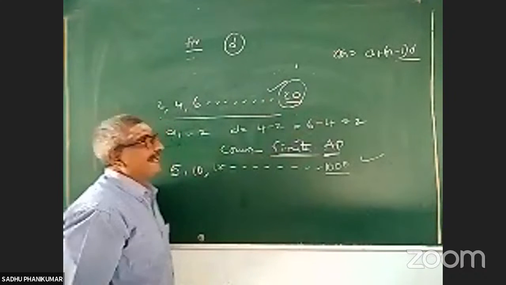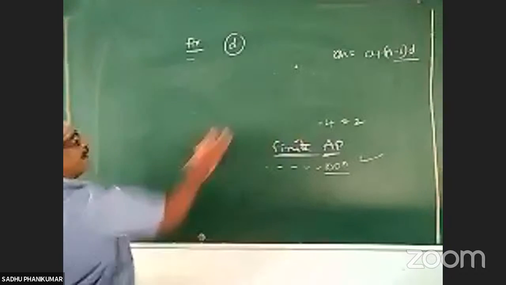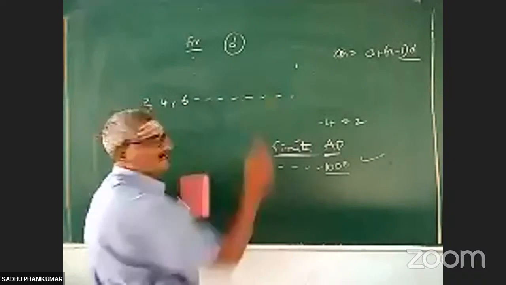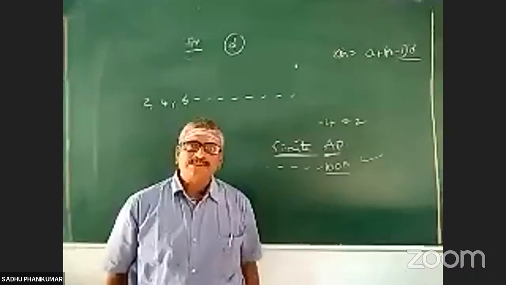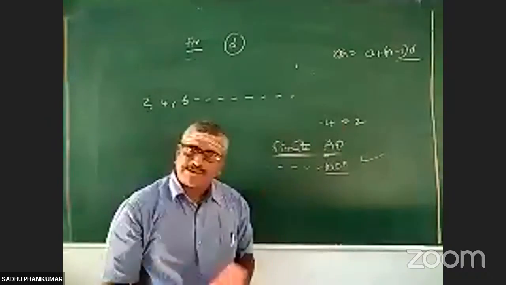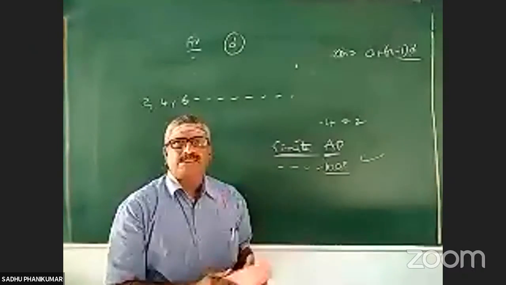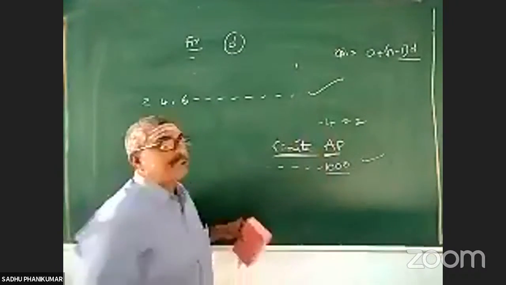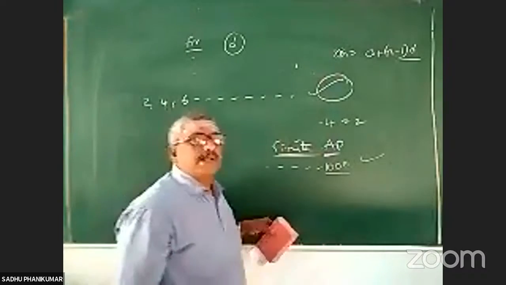Whereas, suppose I write the set of even numbers, which we already indicated as 2, 4, 6, and so on. Can we say where the end is for the even numbers? No, there is no ending for even numbers, no ending for natural numbers, no ending for prime numbers, whatever it may be. So in this case, the number of terms in this AP is not countable.